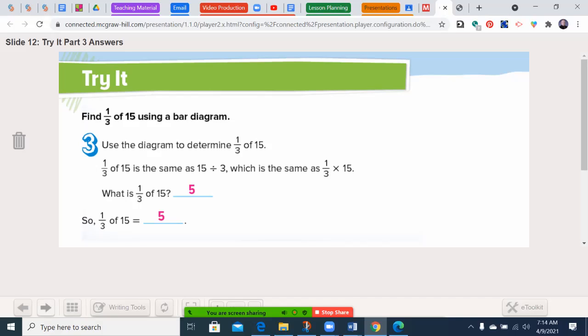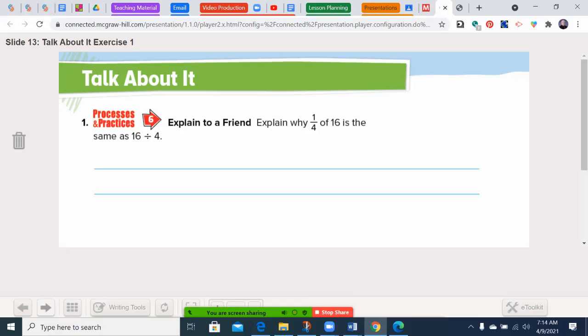Okay, let's talk about it. You do not have to write this in. Explain why 1/4 of 16 is the same as 16 divided by 4. Well, remember that when we're multiplying by a number less than 1, we're actually making our answer smaller.